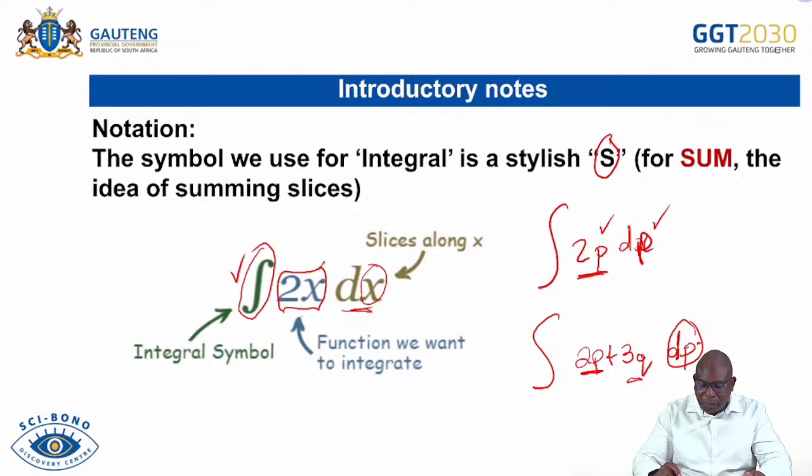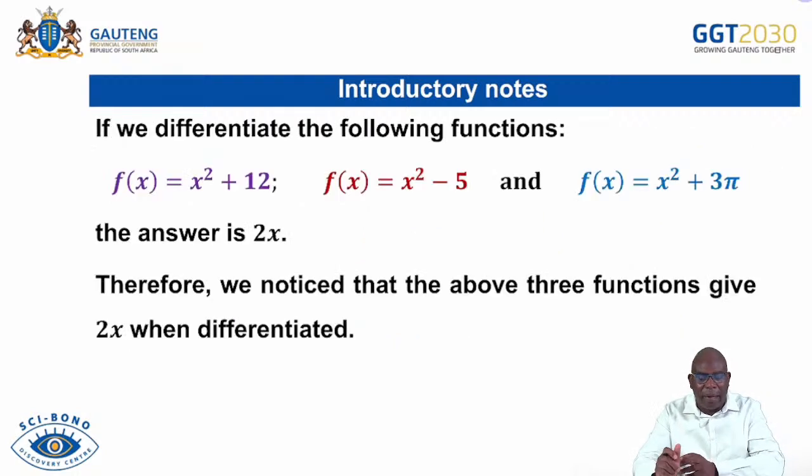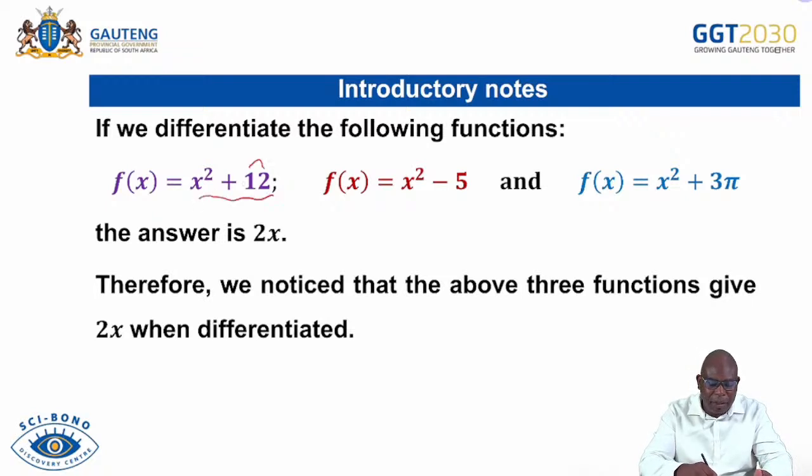Now, let's get to the next one. If we differentiate the following, remember, I've got 3 functions that I've put there. So we want to differentiate the following. If I differentiate this part, remember the differentiation of a constant is 0. So I'm going to get 2x for that.